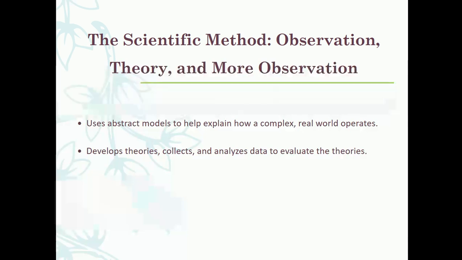So, in the scientific method, we move step by step. We start from observing the issues, then theories are developed, then we collect information or data and analyze the data, and then in the end we try to prove whether the theory is true or not.